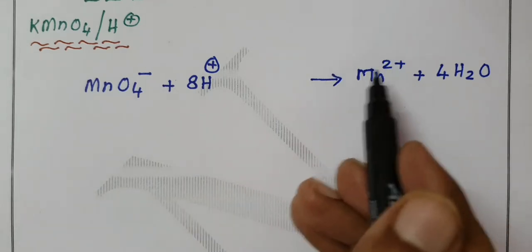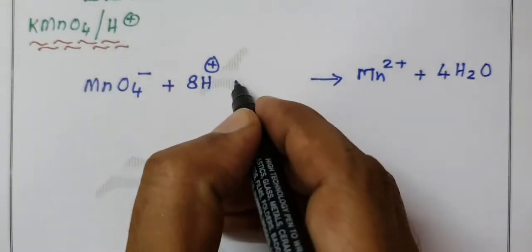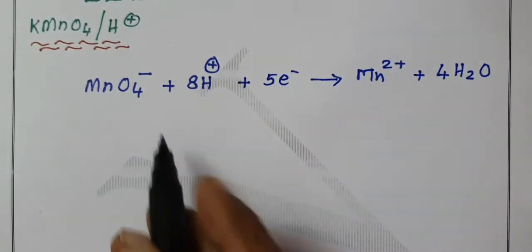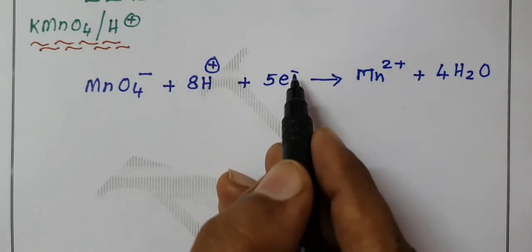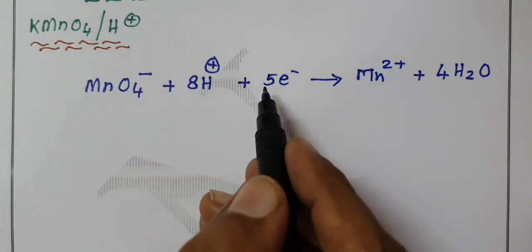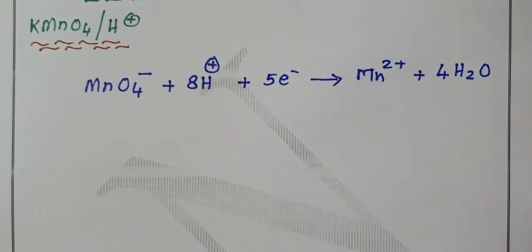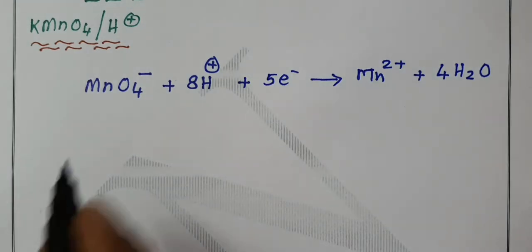How to equate the 7 plus to 2 plus? By adding 5 electrons. 7 plus and 5 minus gives 2 plus. The charges on both sides are now equal.